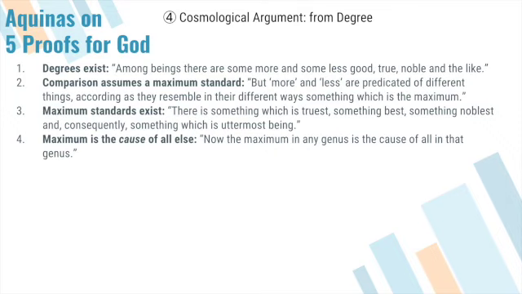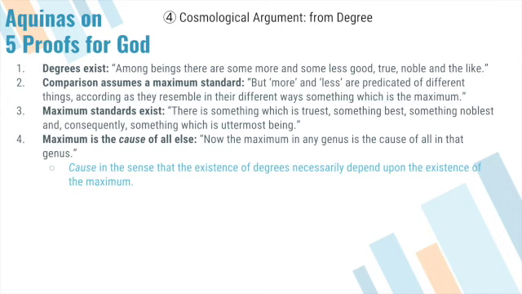Therefore, the maximum is the cause of all else, right? So now the maximum in any genus is the cause of all in that genus, right? This is to say, cause in the sense that the existence of degrees necessarily depends upon the existence of the maximum, all right? If something depends upon the existence of something else, that's what causation is, right?